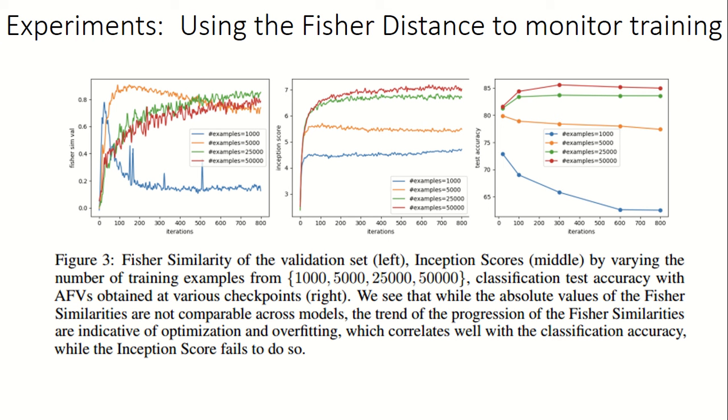The Fisher similarity value, which is a similarity between two sets of examples, becomes similar to the inception score when you increase the number of data points. So it means that this metric based on the adversarial Fisher vector can be used to monitor the training in GANs and improve training of the GANs.